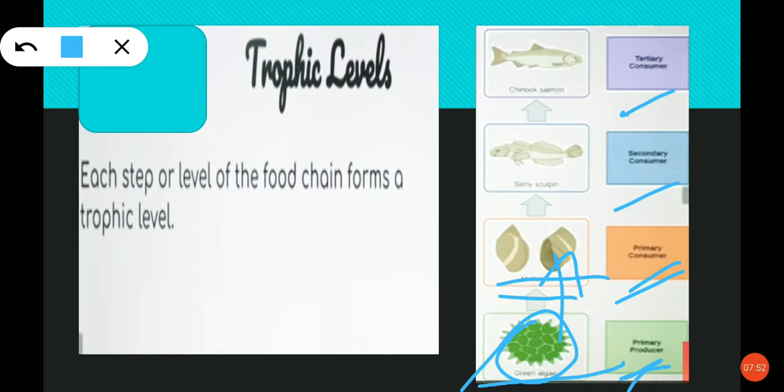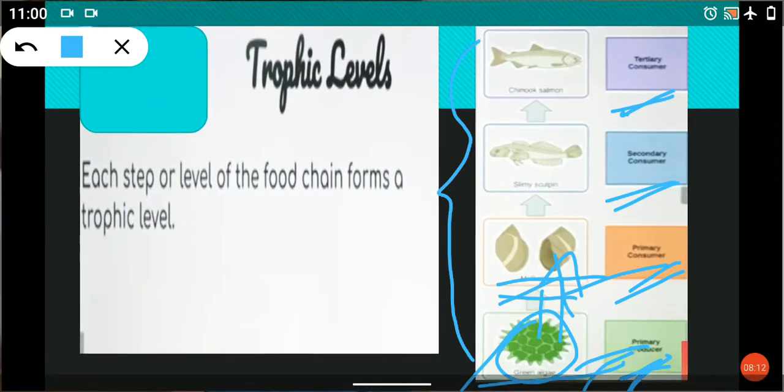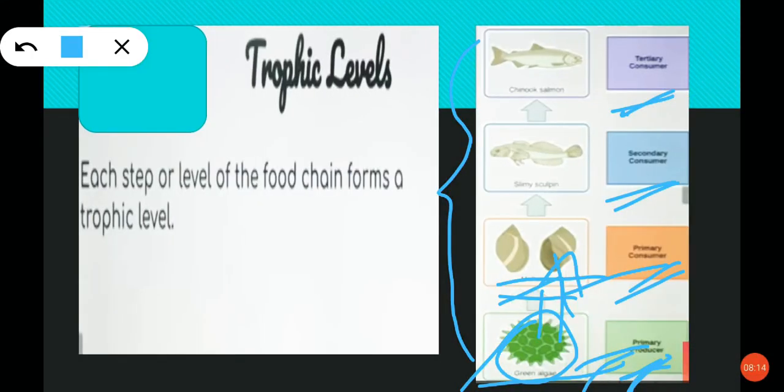But in the trophic levels, mainly four types of levels are there: producers, primary consumers, secondary consumers, and tertiary consumers. Primary producers are plants, and primary consumers are these things. Okay, one second.